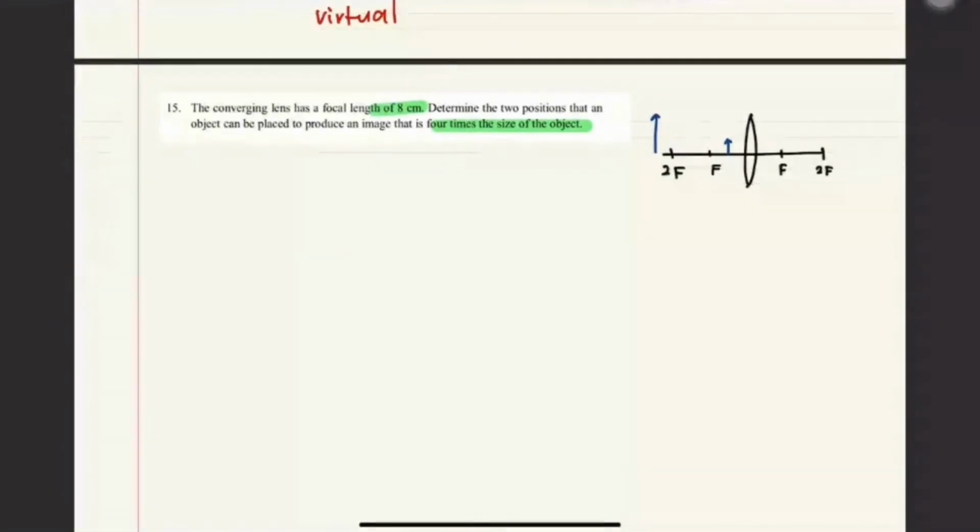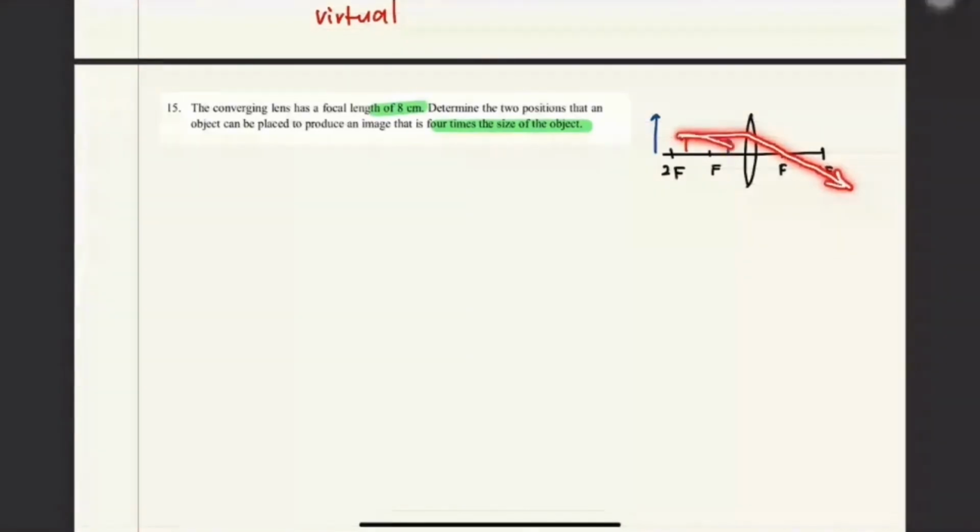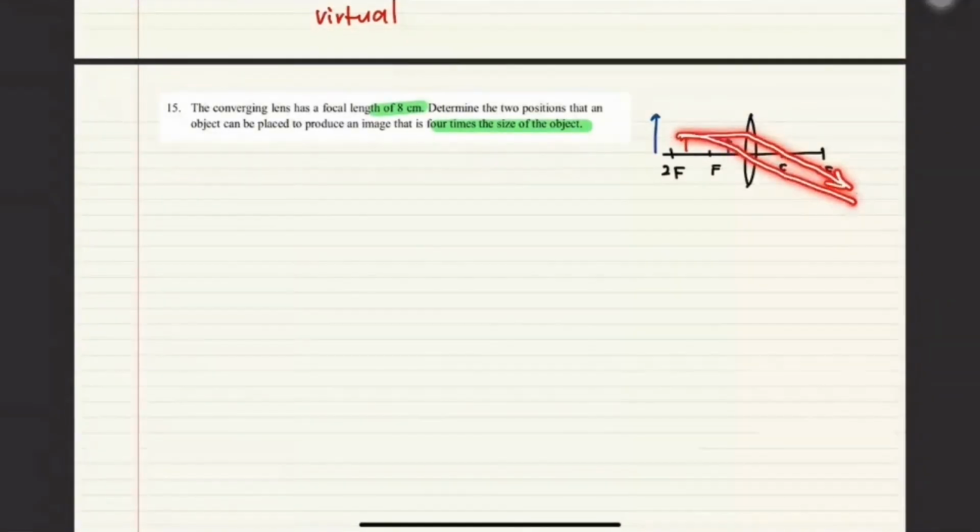Okay. Another one, kalau kamu punya objek dekat sini. Kalau saya tak salah lah. Betul tak? Ujung sini betul?